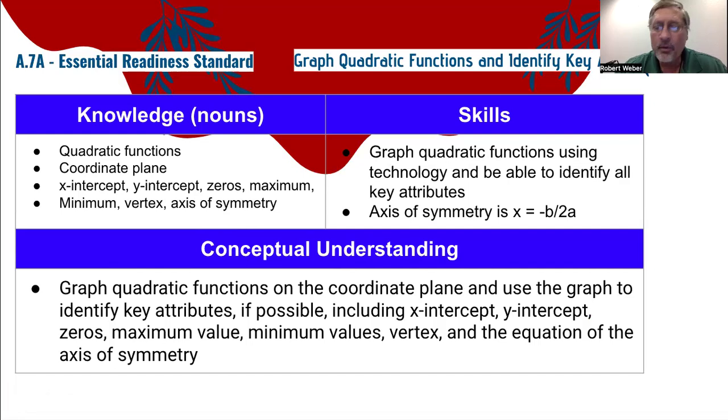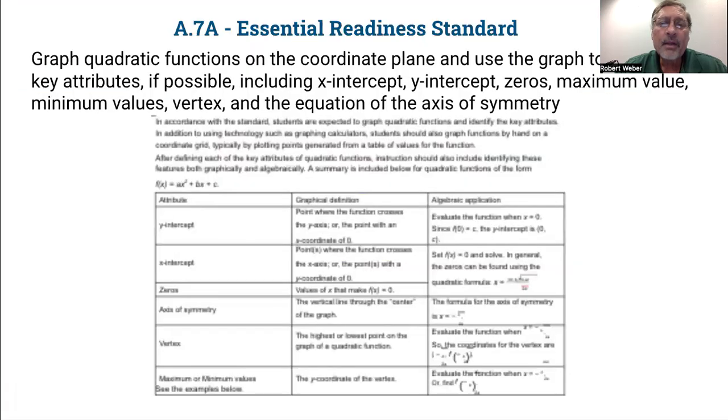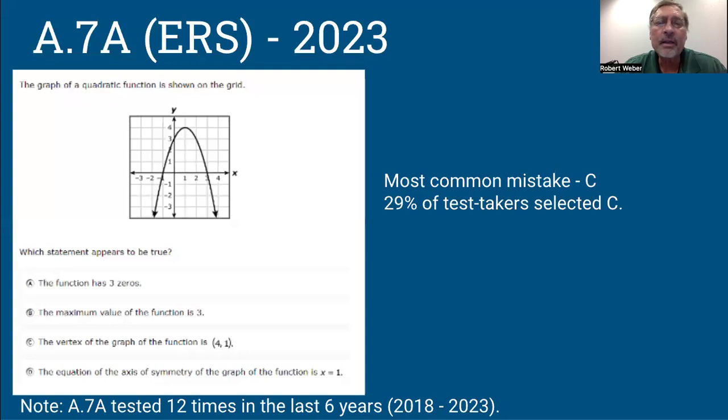I don't know a lot of you that graph quadratics by hand, although you might, but probably Desmos or your Inspire or one of your TI calculators. I apologize. Some of these are not as clear a print as they should be. Hopefully I can clean that up a little bit for you. But 7A has been tested 12 times in the last 6 years. So it's a biggie. You want to do a good job with this if you can.